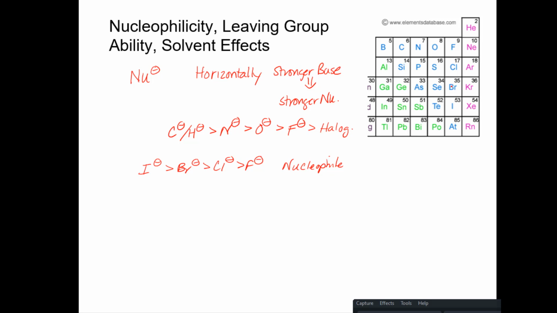When you're on the periodic table, then it's opposite. It's not according to base strength, because remember, we said that F minus was the strongest base and I minus was the weakest base when we talked about leaving group ability. So what's going on here?